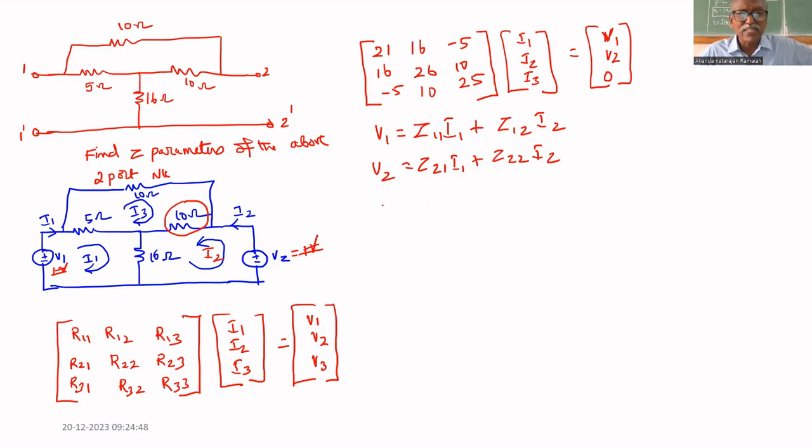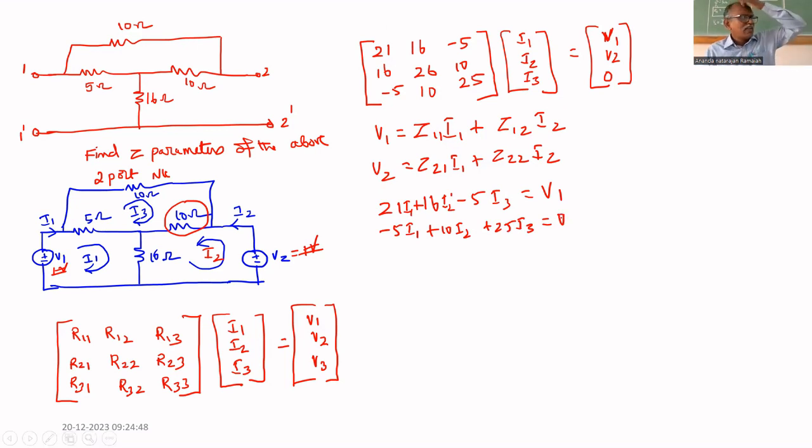What are the 3 equations? 21, 16, minus 5, times I1, I2, I3 equal to V1. Third equation: minus 5 I1 plus 10 I2 plus 25 I3 equal to 0. Eliminate I3. Multiply the first equation by 5.